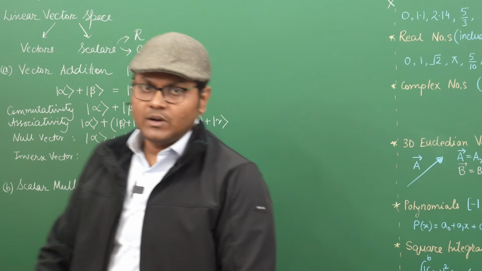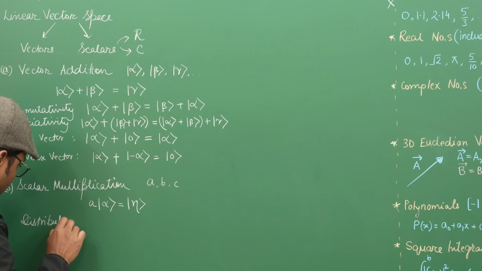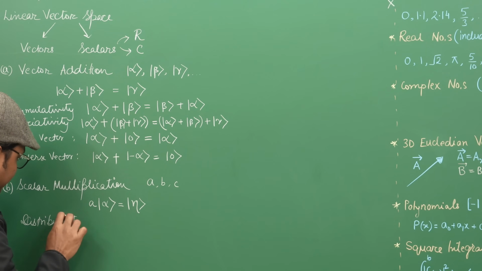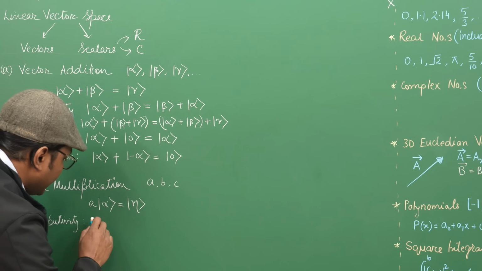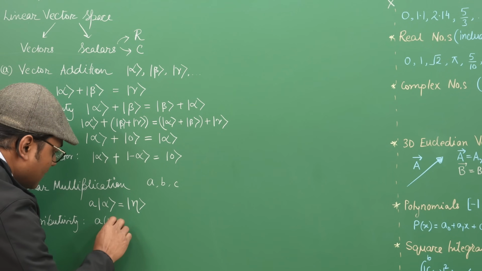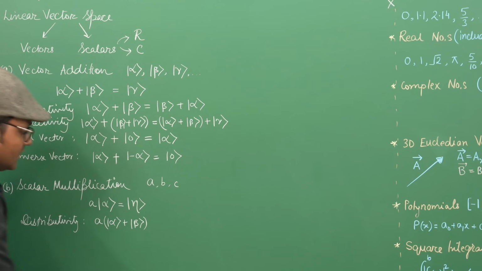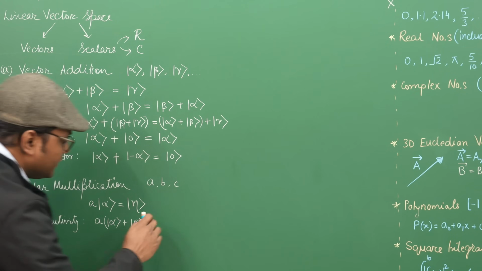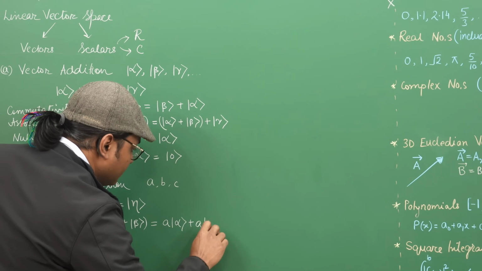Similarly, for scalar multiplication, we also have some additional properties of distributivity. The scalar multiplication is distributive, which means that if I have a scalar multiplication of A to the sum of vectors, let's suppose alpha plus beta, then this whole expression can be written as A times alpha plus A times beta.